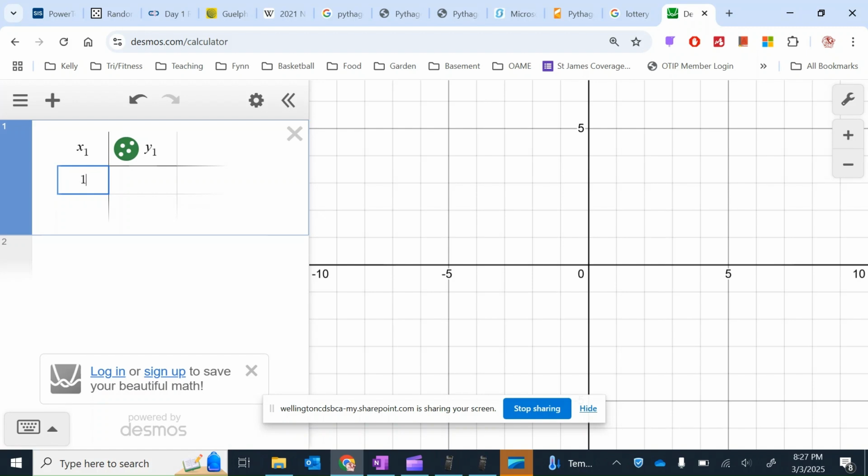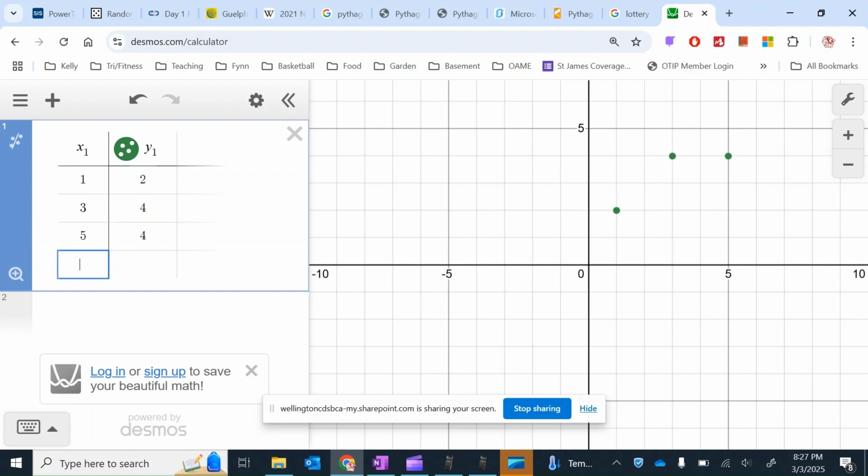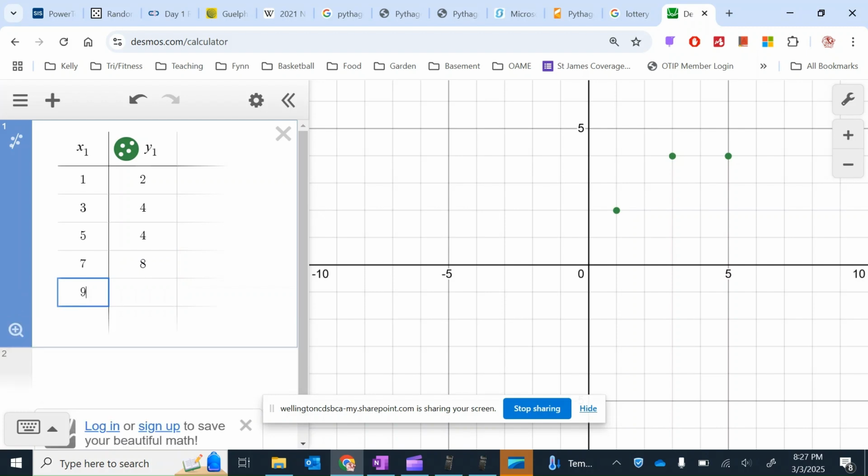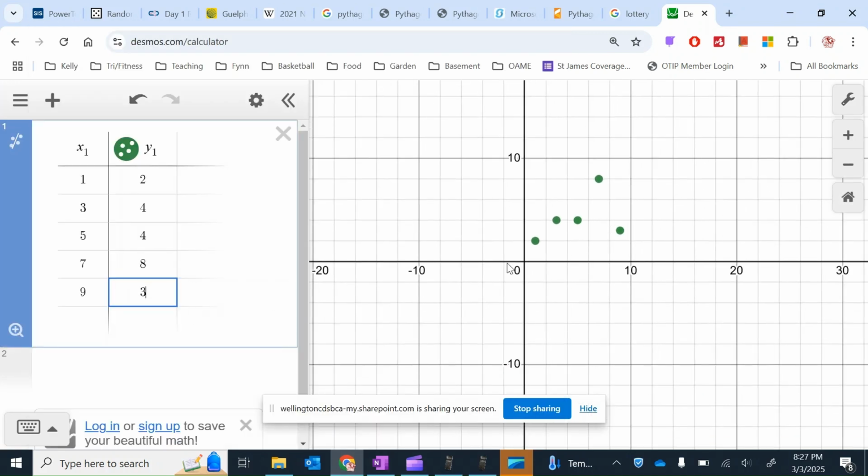So it's 1, 2, 3, 4, 5, 4, 7, and 8, and 9, and 3. And boom, we have our little scatter plot here.